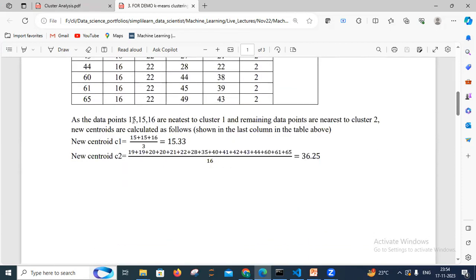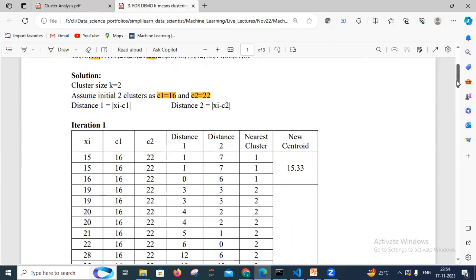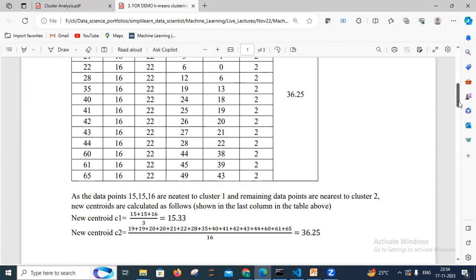The data points are 15, 15, 16, and we take the ones nearest to cluster 1, C1, and the remaining data points are nearest to cluster 2, C2. The distance and new centroid are calculated as follows.